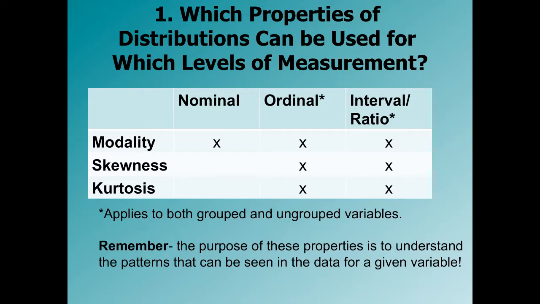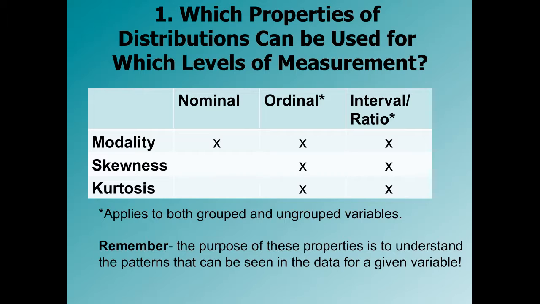If you don't have numbers, there's no way of calculating a mean. You're simply going to have a category, female, male, and a frequency of how many males and females there are in each group. So there's no way you're going to calculate skewness and kurtosis.